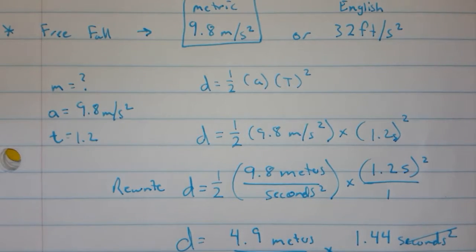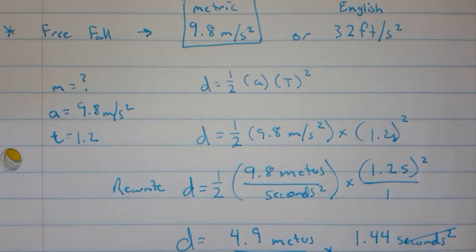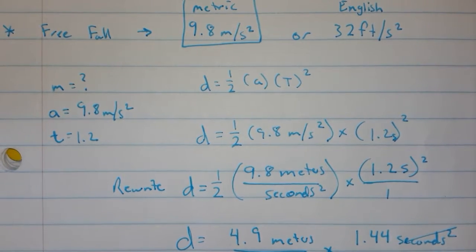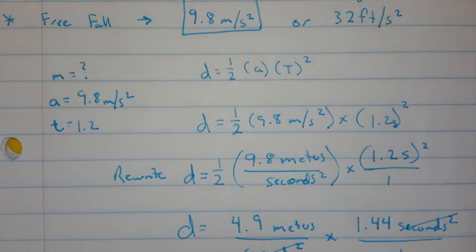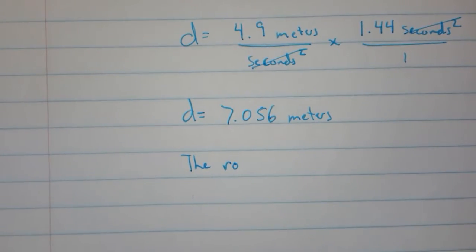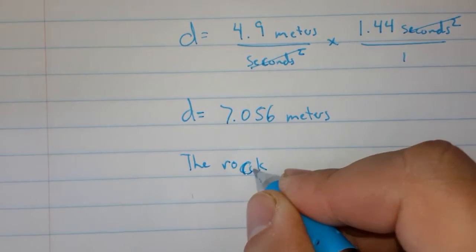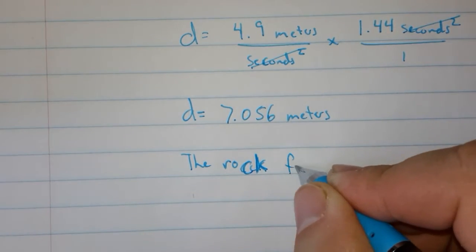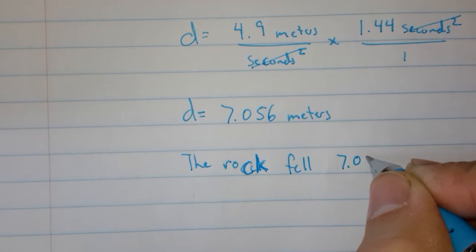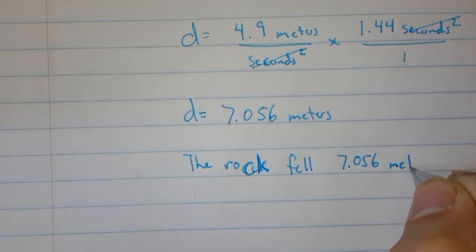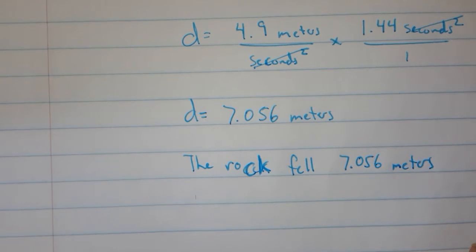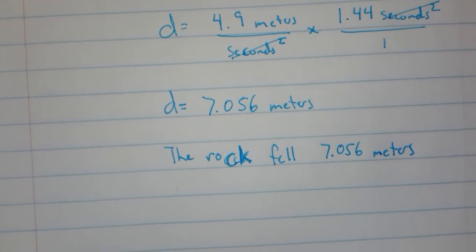So our answer is going to be the rock fell 7.056 meters.